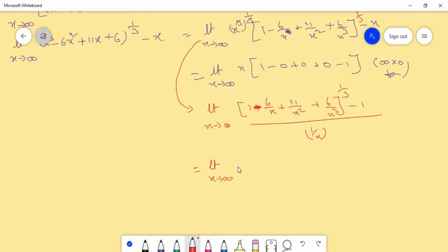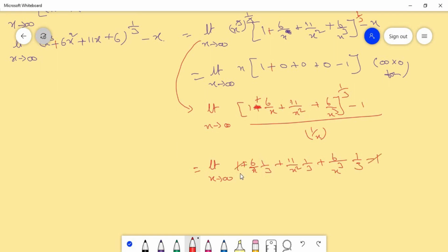I made a mistake here; this is plus and this is also plus only. 1 plus 6 by x into 1 by 3 plus 11 by x square into 1 by 3 plus 6 by x cube into 1 by 3, minus 1.